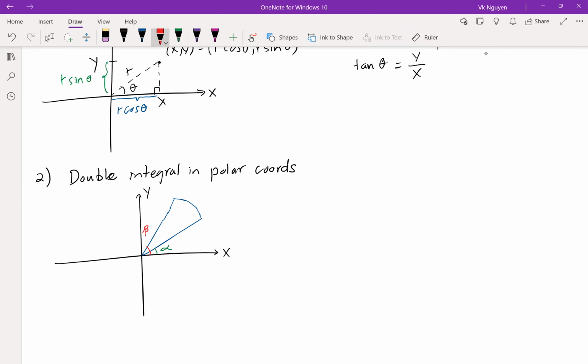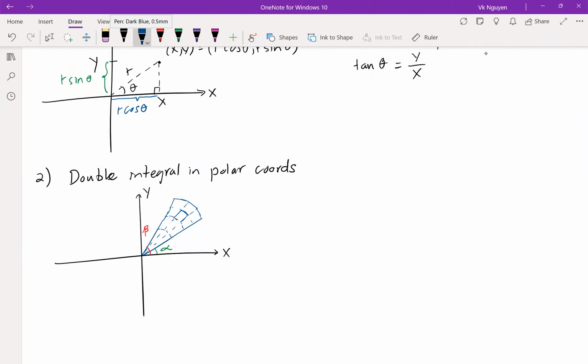You cut this into smaller pieces, small enough so that I can put my writing on here. Let's say you have this particular region here.